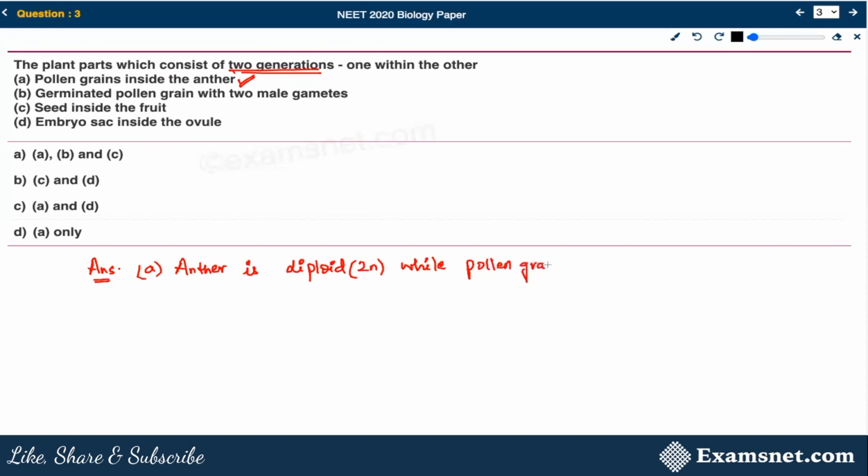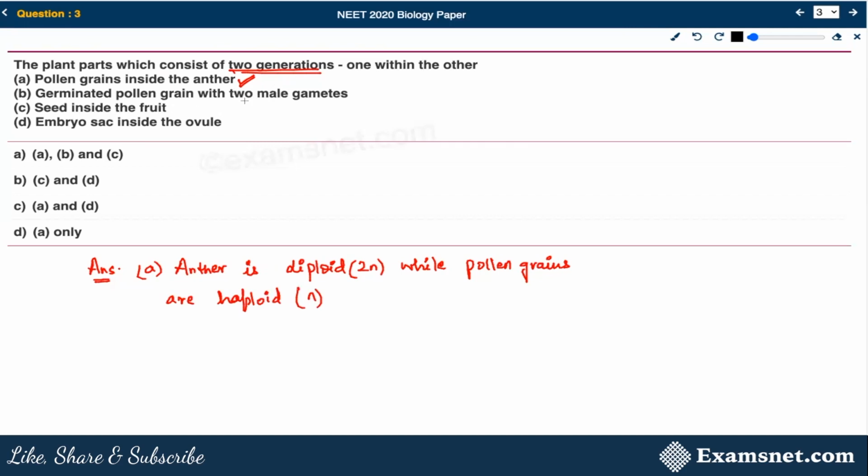Clear? So this indicates that there are 2 generations. One is haploid and the other is diploid. So the first one will be correct.